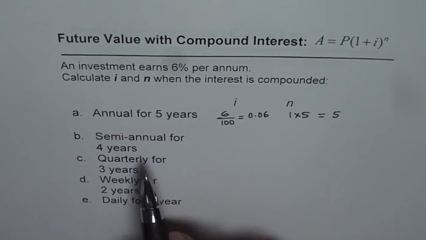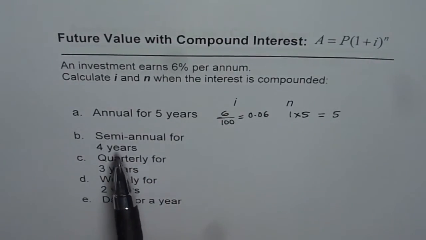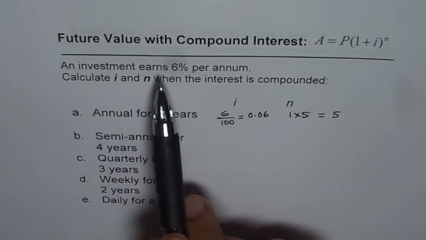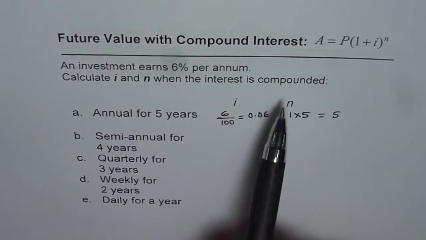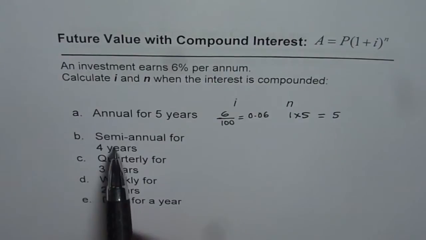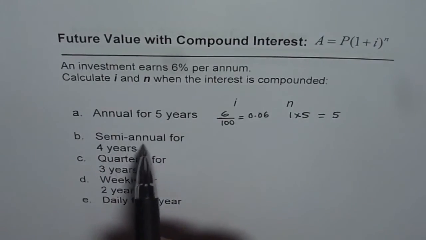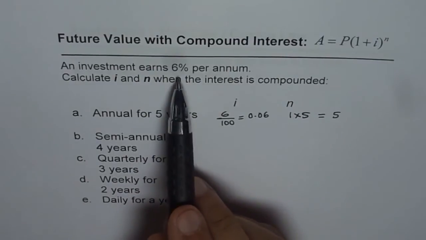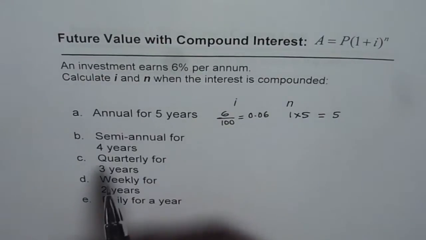Now let's look into the next option, in which the investment earns 6% per annum and is compounded semi-annually for 4 years. Now when we say semi-annually, it means twice a year. So this interest rate, which is 6% per annum, should be divided by 2.